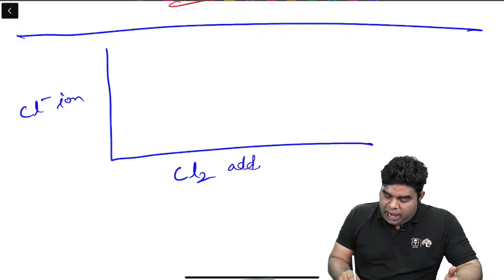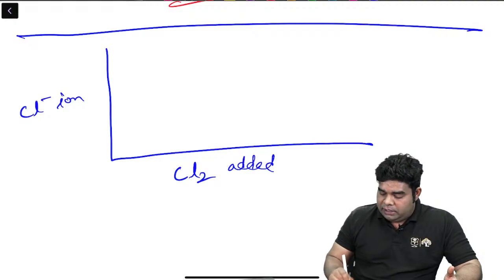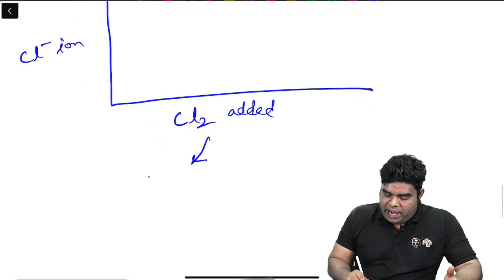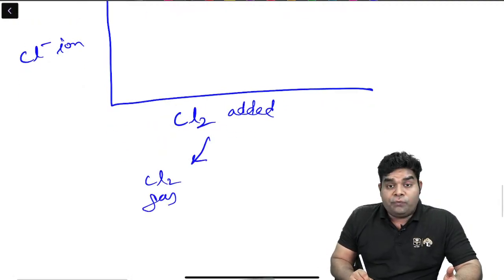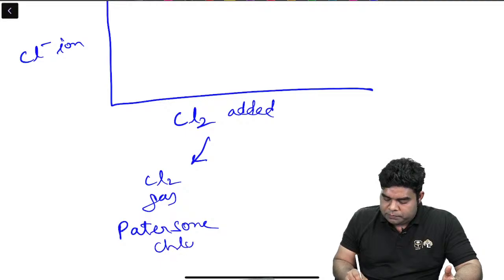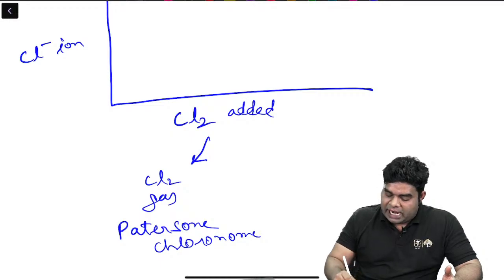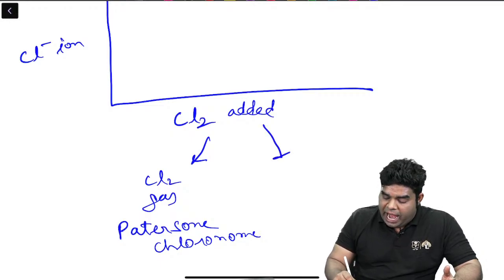Either we can add Cl2 gas, and if we are adding chlorine gas, we use a special type of device for them that is known as Patterson chloronome. Or second thing we can do is we can add bleaching powder.